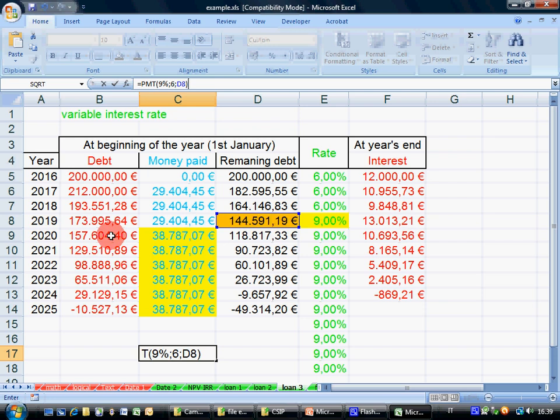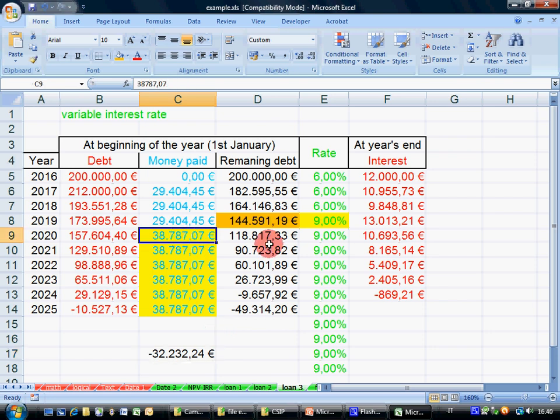So pay attention, you may be tempted to take this one, but the right value to recalculate your debt is this one. Because this one includes what you have paid the year before, so 29,000, and does not include the interest rate. So it's the correct number, 32,232.24.